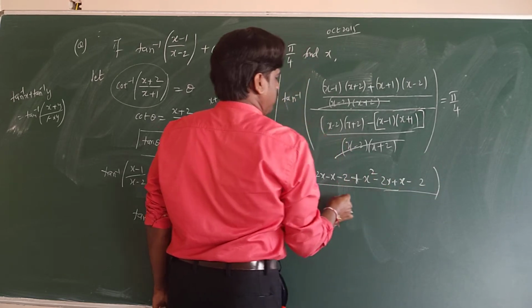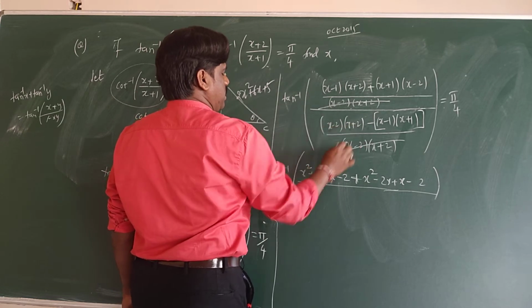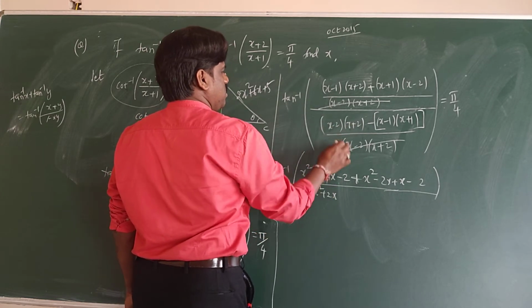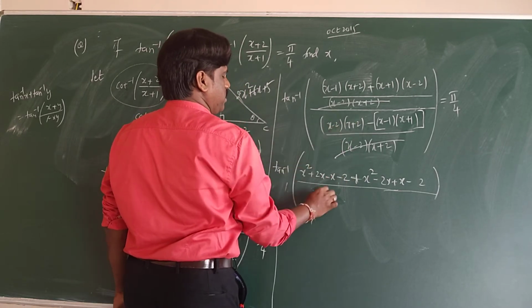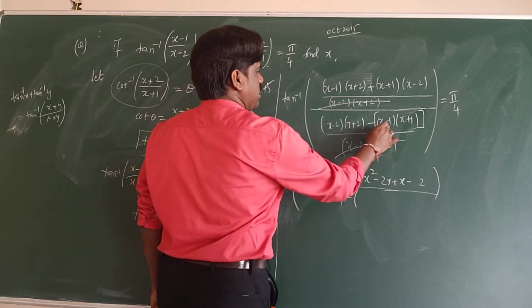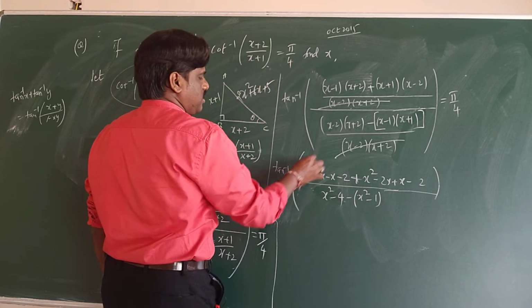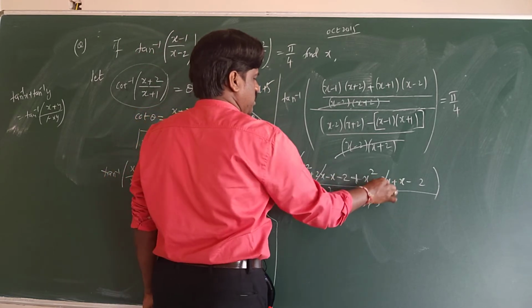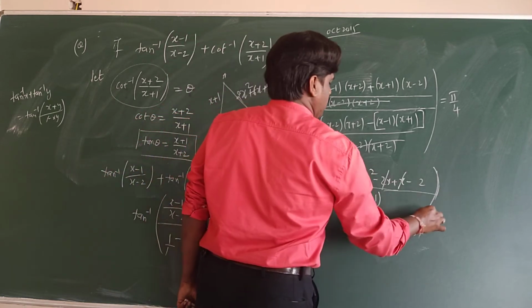This is divided by x square plus 2x. See, you know this is the a square minus b square formula. Directly here you get x square minus 4, 2 square is 4, minus, this is also the a square minus b square formula, x square minus 1 square. The plus 2x minus 2x cancel, plus x minus x cancel. So this is equal to, they given, pi by 4.